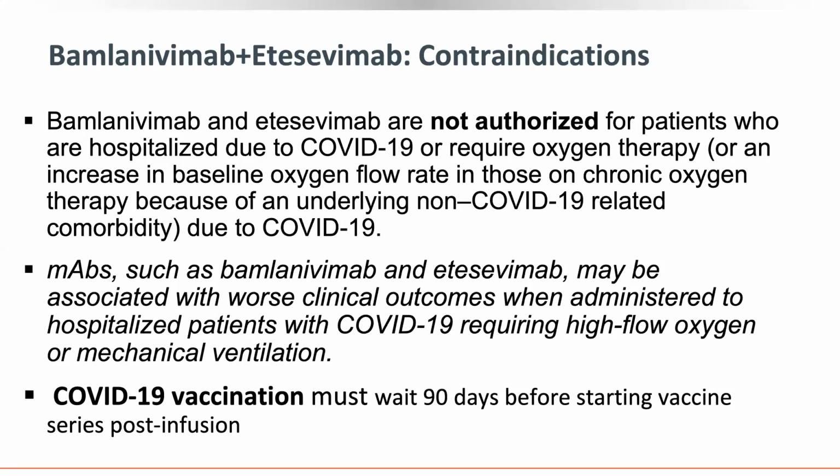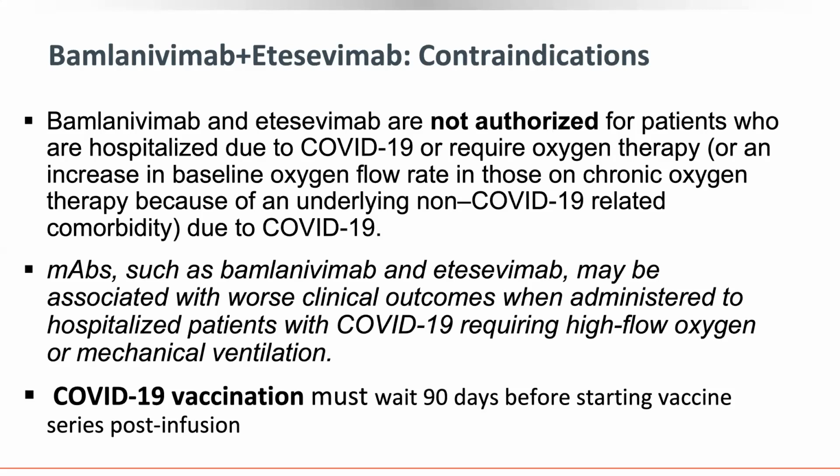And what are the contraindications? Again, very key for us to know that this has to be used in early disease. So someone who needs oxygen does not need to be on monoclonal antibodies. There is a report of bamlanivimab and etesevimab, the two of them, given in those who are on oxygen, they may have poor outcomes.